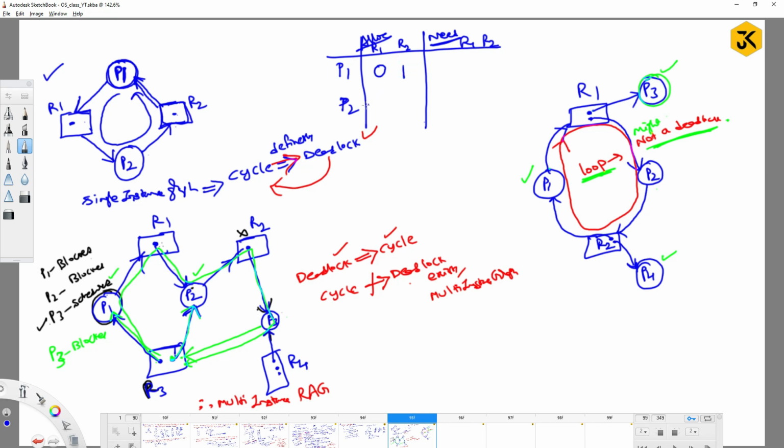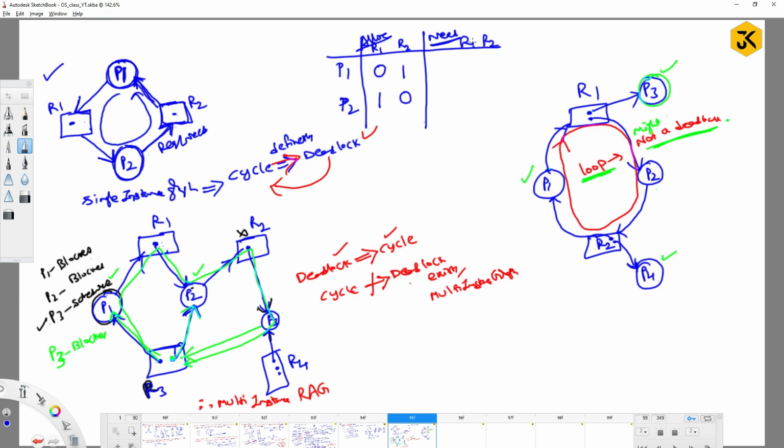That's why we made it 1. P2 allocated with R1? Yes, it is allocated with R1. Now P2 allocated with R2? No, 0. Which means that whenever you get an in arrow for the process, I can say it is allocated, and whenever you get an out arrow, I can say that I am requesting or need, right?